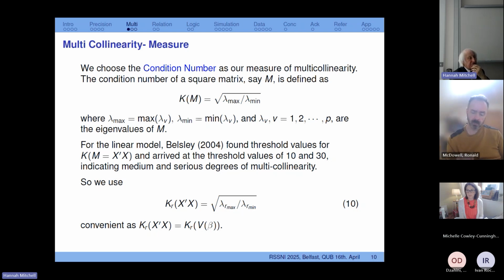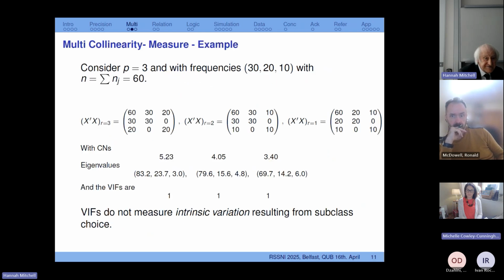So we thought his measures might be useful. And that's convenient because the condition number of the cross product matrix is the same as the condition number of the variance-covariance matrix, up to a constant. So that's very nice. So those are our two measures.